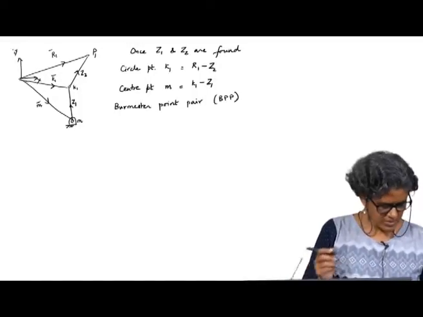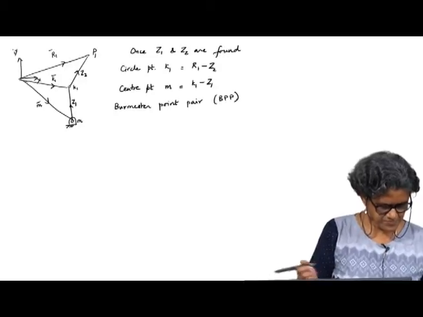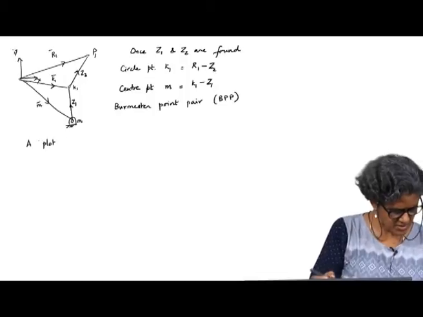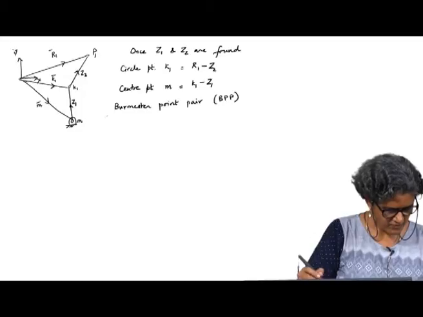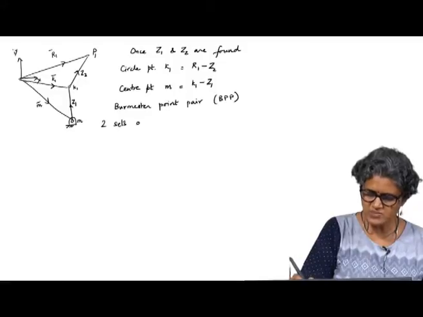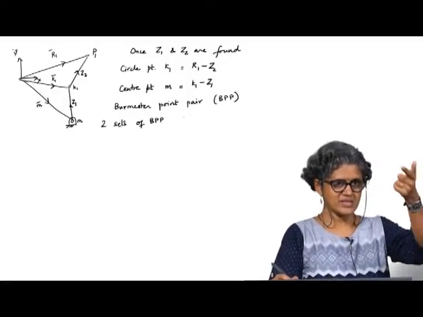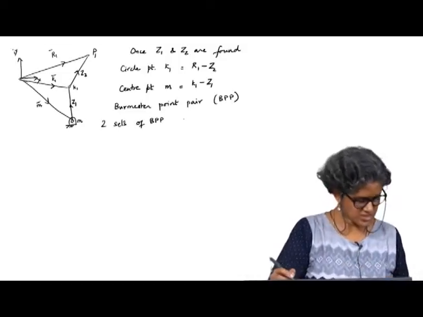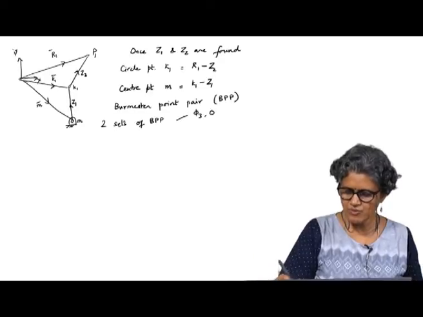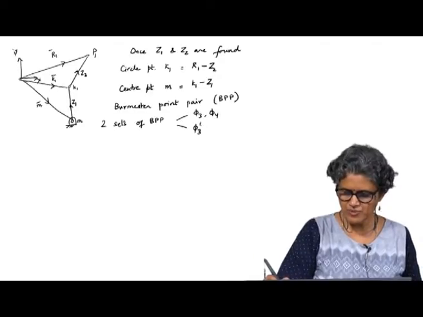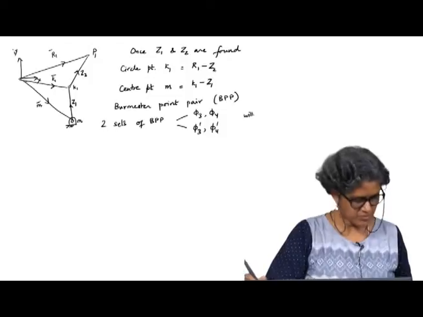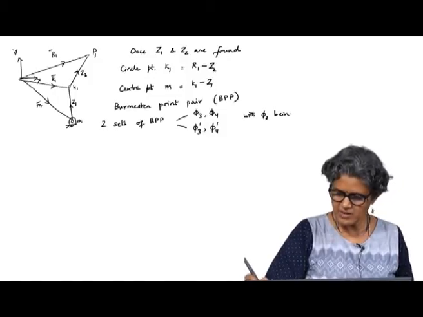So, I will just show you. Let me just write this down. You get 2 sets of the Burmester point pairs. Why 2 sets? Because again phi 3, phi 4, and phi 3 dash, phi 4 dash. So, one set for phi 3, phi 4, one for phi 3 dash and phi 4 dash, with phi 2 being varied.